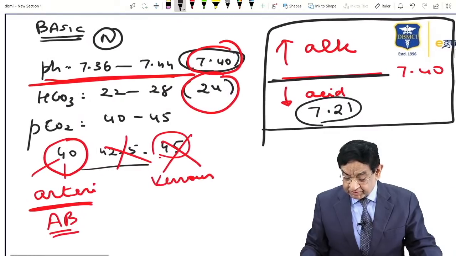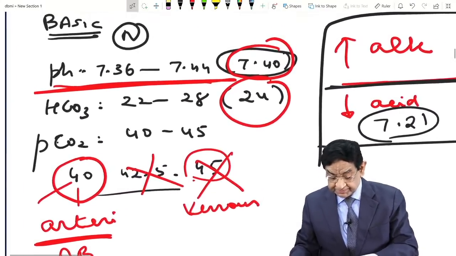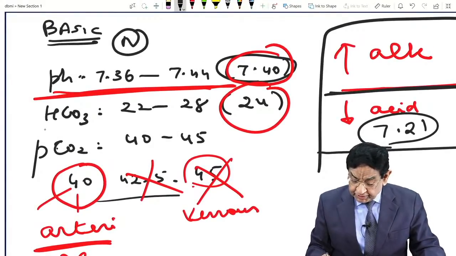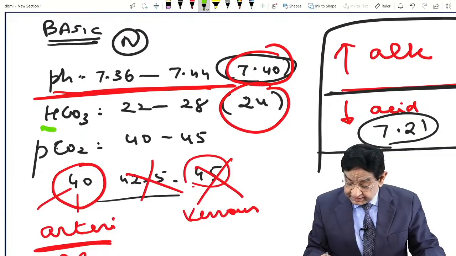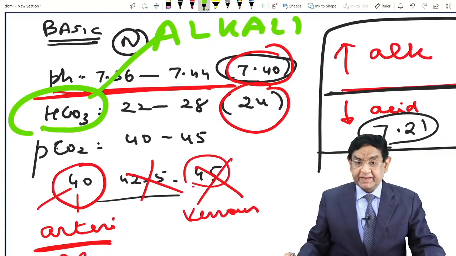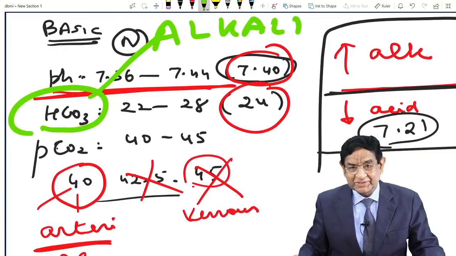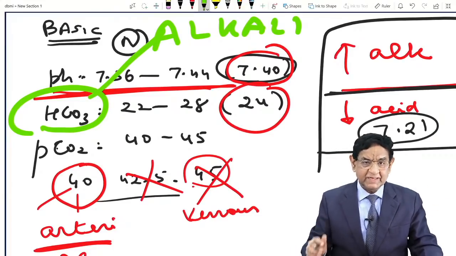With this background, we still need to talk more about the basic concept; we are not yet finished. Look at bicarbonate. We all know this is an alkali. Alkali remains alkaline. It doesn't change into acidic, definitely. And it is mainly controlled by the kidneys.